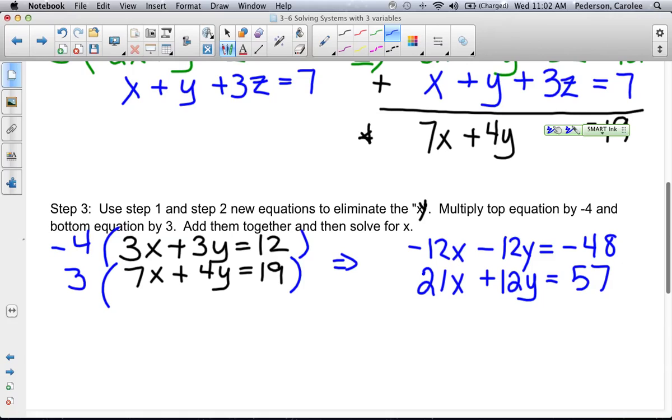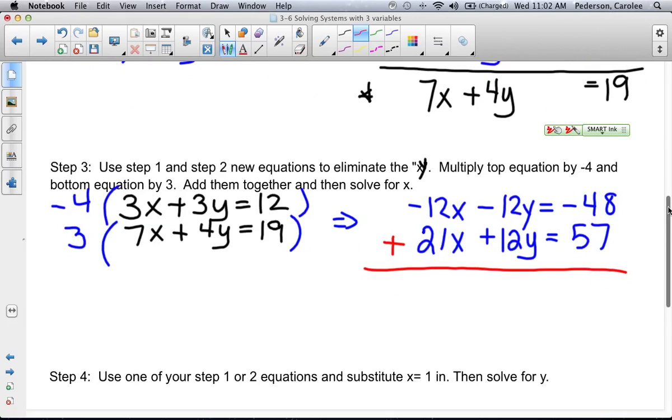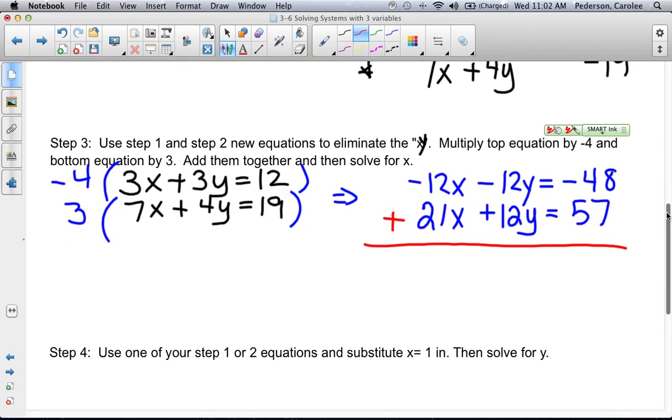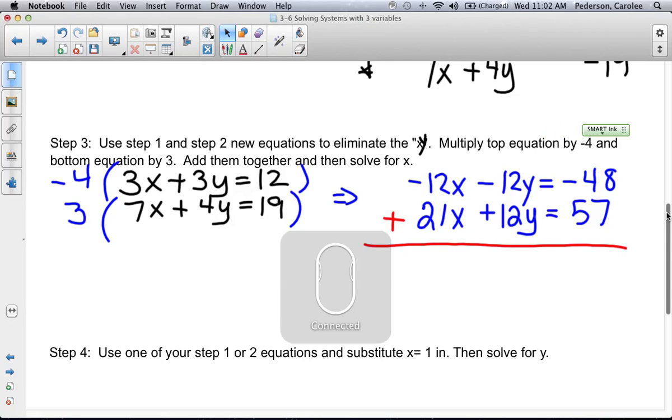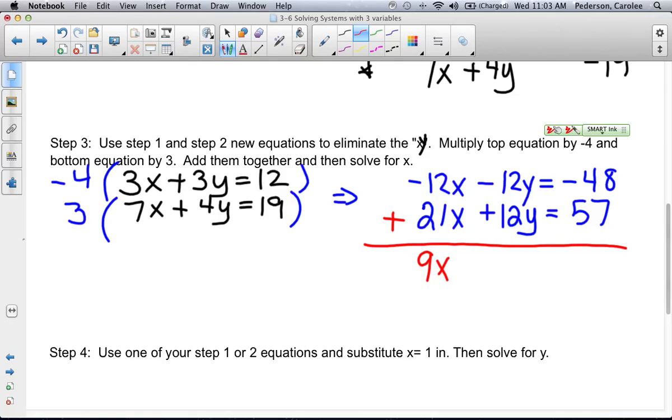Now let's go ahead and add those two equations together. So negative 12x plus 21x is 9x. Notice the negative 12y plus 12y cancels out, and then negative 48 plus 57 is 9.